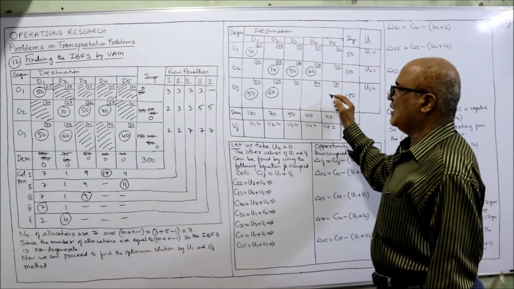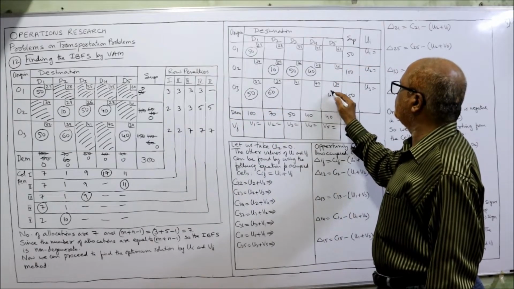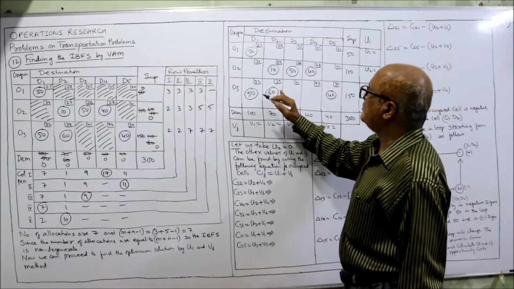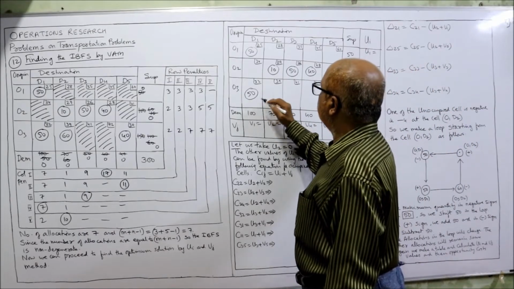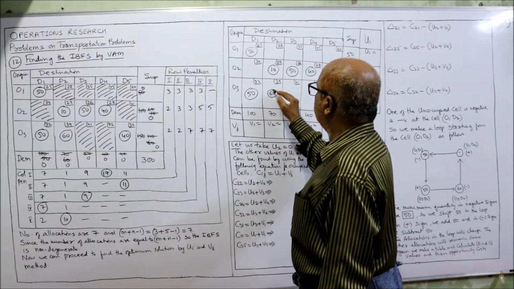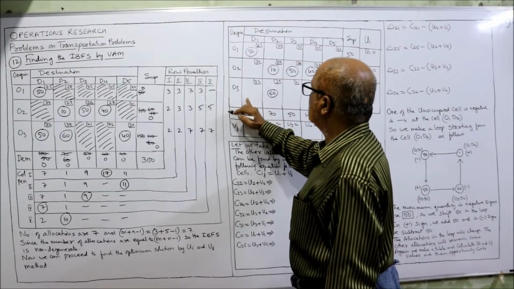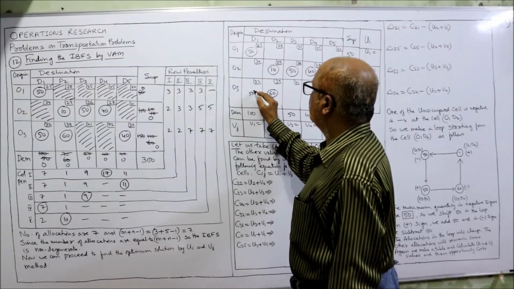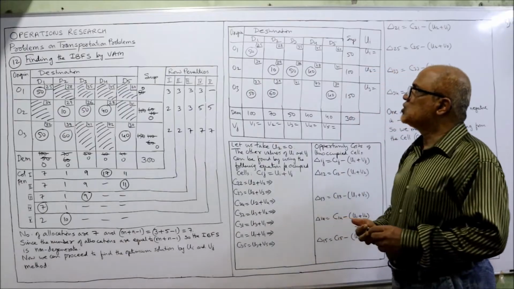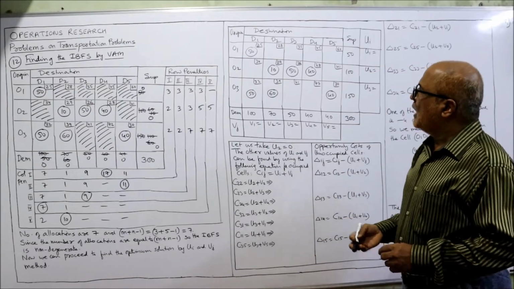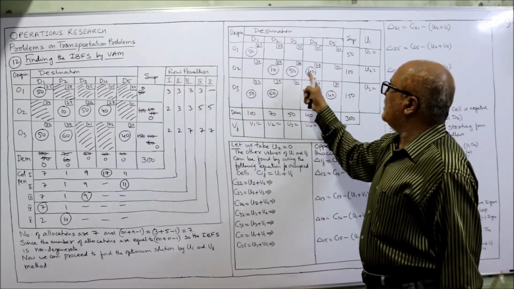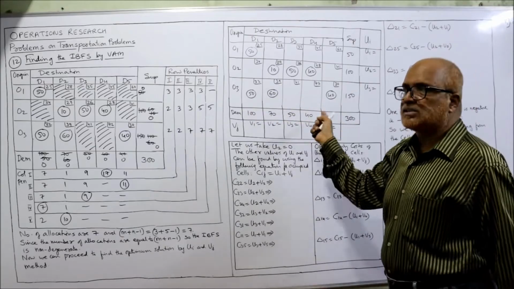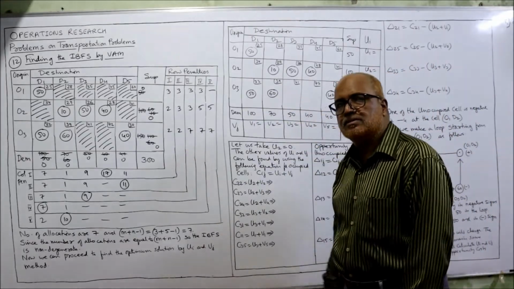Next one 40. That's all. 60. Here 50. I'll make a small circle. 50. So I have taken all the allocations 1, 2, 3, 4, 5, 6, 7. 7 allocations I have copied from IBFS.